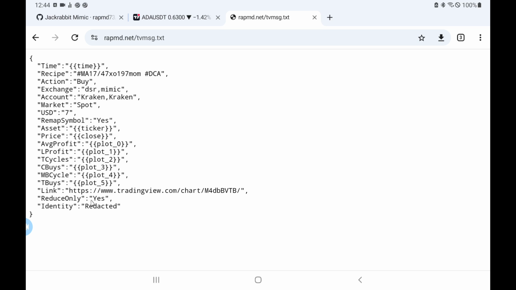Now, specific to Mimic, unless you want your order to be able to flip from long to short or vice versa, you need to explicitly use the reduce only function. Mimic is capable of demonstrating shorting. It is capable of flipping the account from positive to negative.